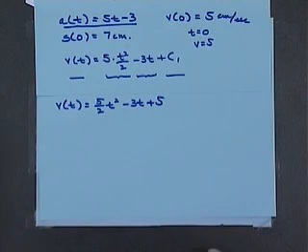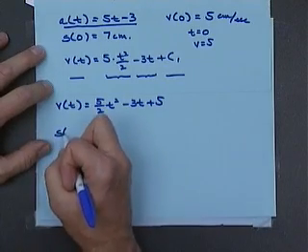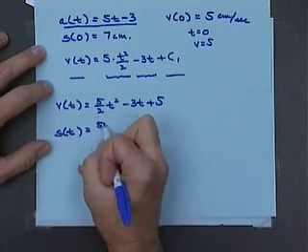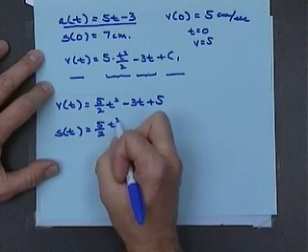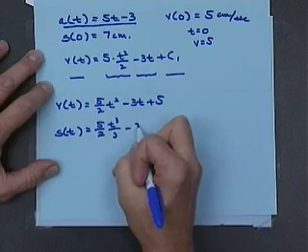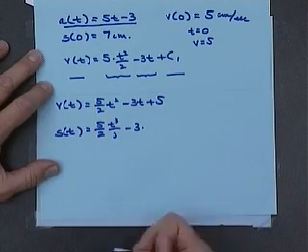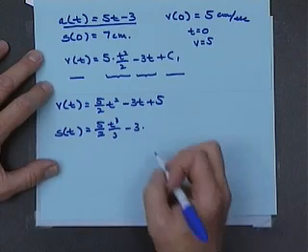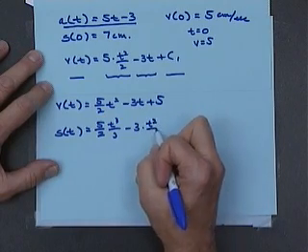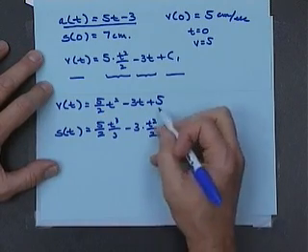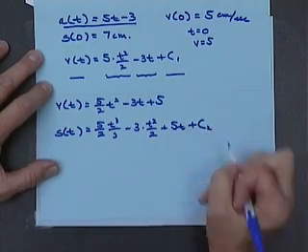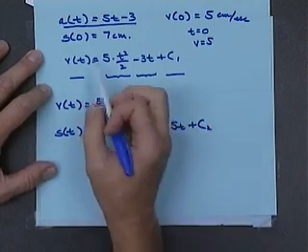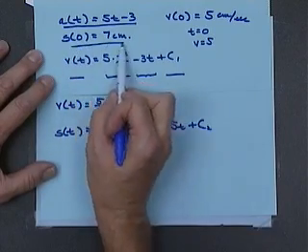How do we get the location or the position function that goes along with it? Antiderivative. 5 halves comes along for the ride. What's the antiderivative of t squared? t cubed over 3. 3 comes along for the ride. Actually, negative 3. Antiderivative of t. Antiderivative of 5. Possibility of another constant. And we know that the initial position is 7.